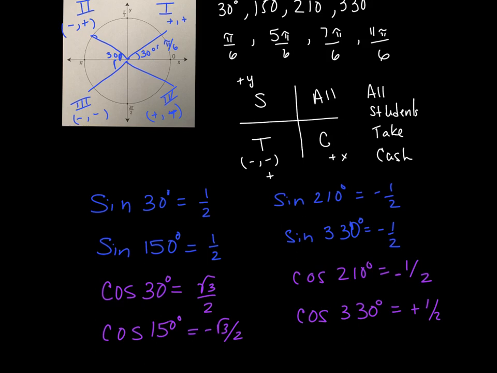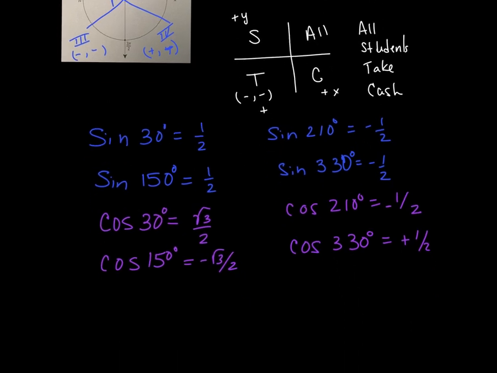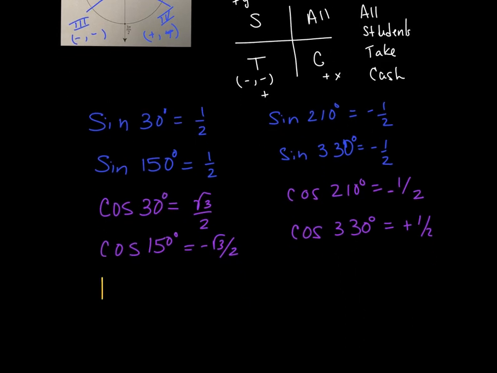And I just noticed, to find the tangent of any of those values, the tangent is just the sine over the cosine. So the tangent of 30 degrees is going to be positive 1/2 over positive square root of 3 over 2.